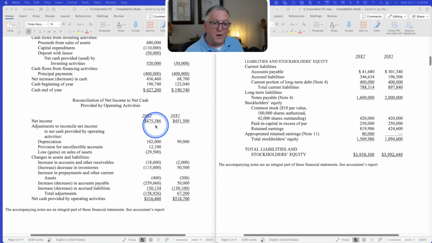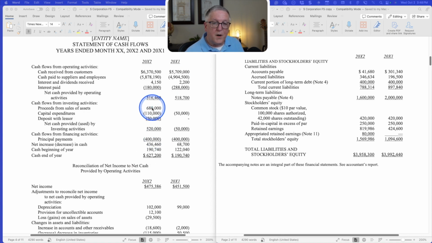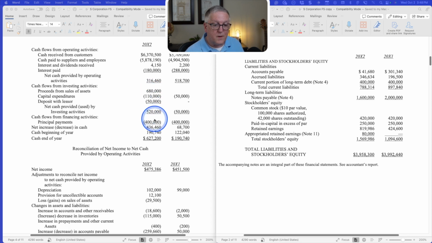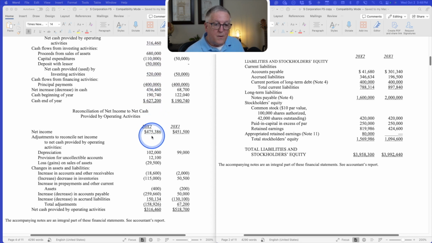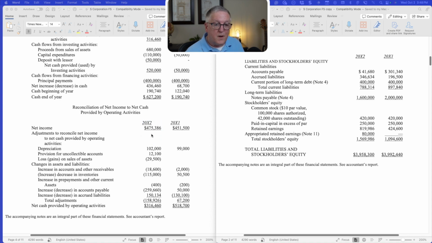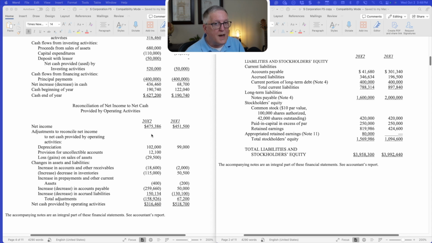Now let me give you an example. Let's suppose that the company received $200,000 in payments from its customers, and it didn't receive anything else. Well, we might have a net income number here of $500,000, but the question is, how much cash did we receive? If that's the only transaction, how much cash did we receive during the year?